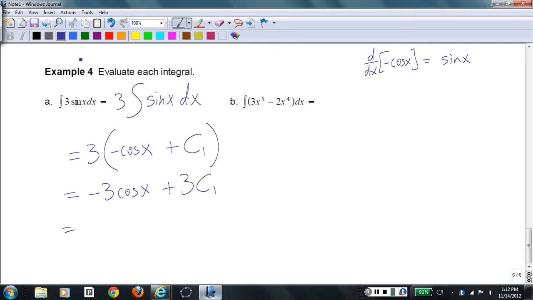Off in the margin, let c equal 3 c sub 1, and just say negative 3 cosine x plus c. So, take the derivative of negative 3 cosine x plus any constant, and you get 3 sine x. That's what we're saying.